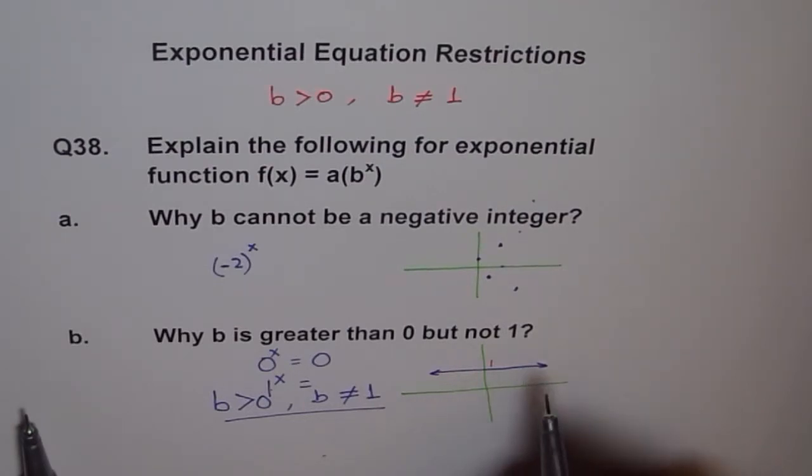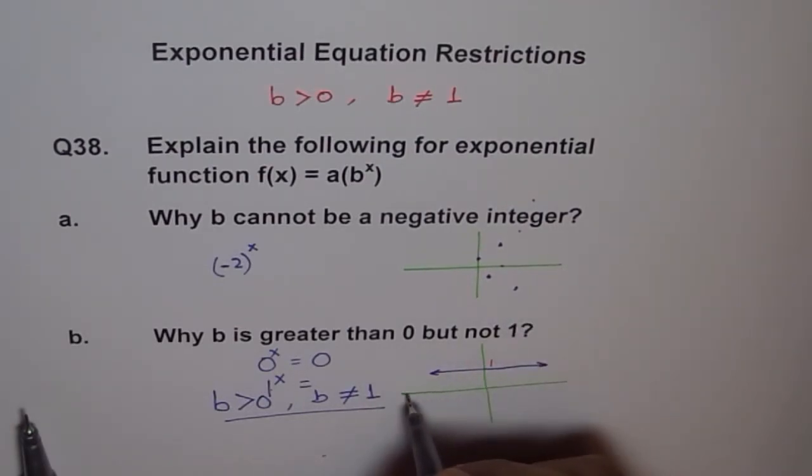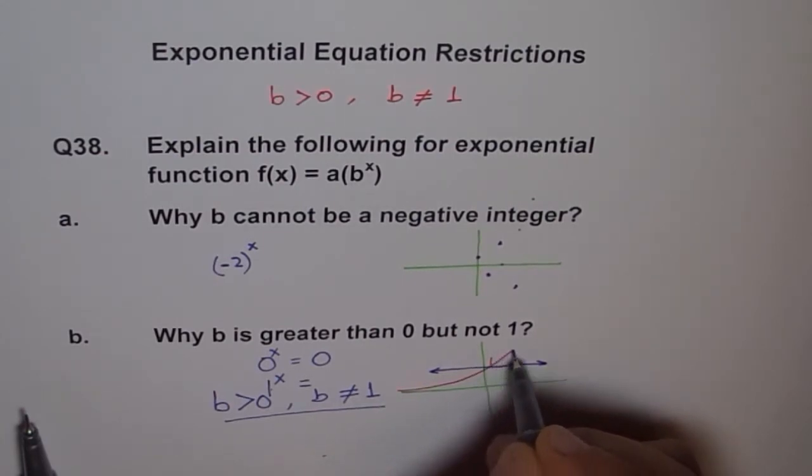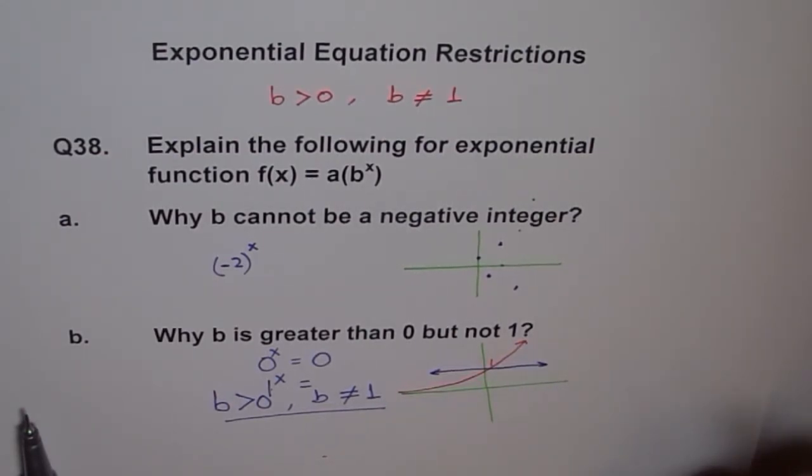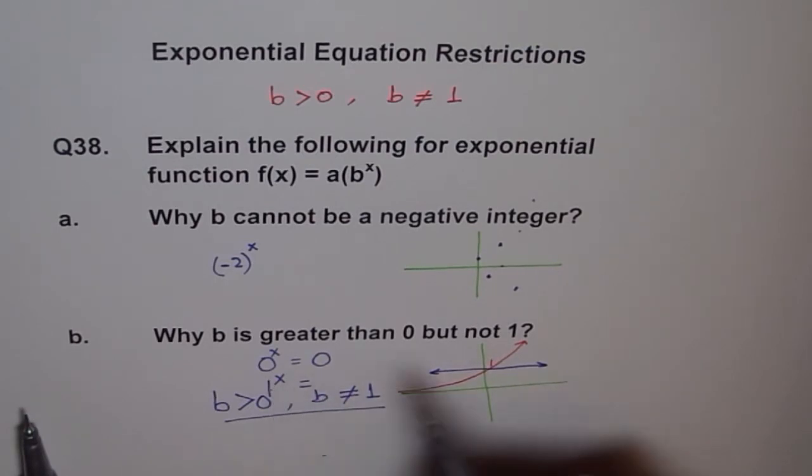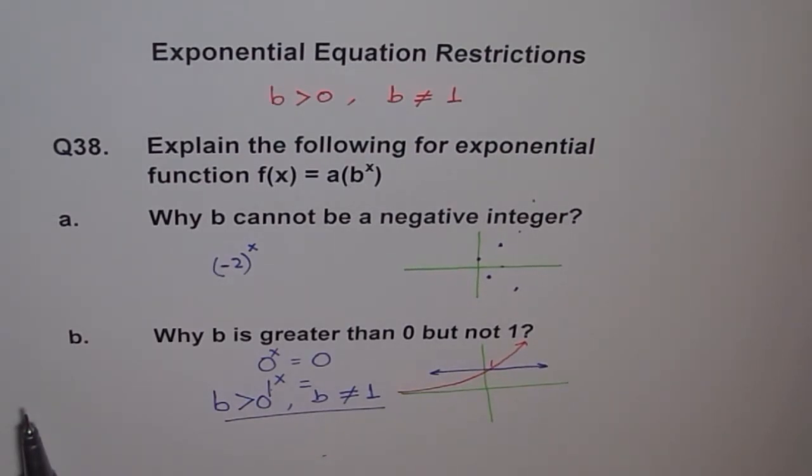Therefore, for all other values, we get a function like this. Is it okay? If exponent x is negative, then we may get a decay like this. But it is exponentially increasing or decreasing. I hope that clears it all forever and you really understand the restrictions on the base b of the exponential function.